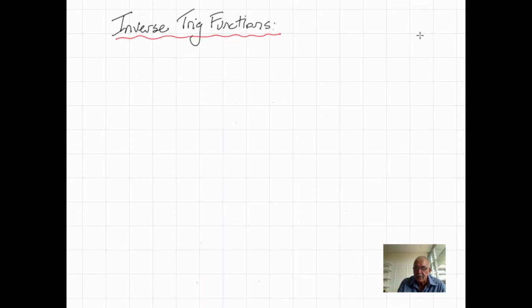Working with trig functions, it's important to recognise the inverse of these trig functions. So let's just start with y equals sine x. And that function says, as you remember, we did a little mapping idea when we first introduced functions: get an angle.